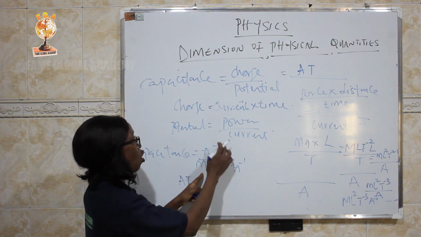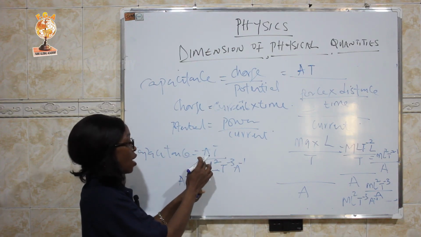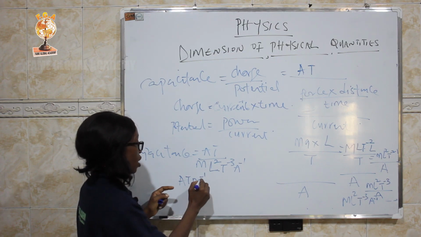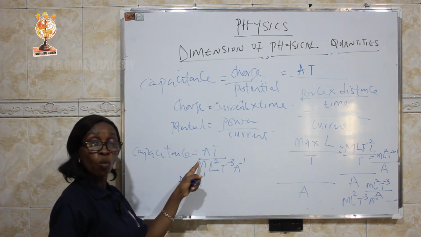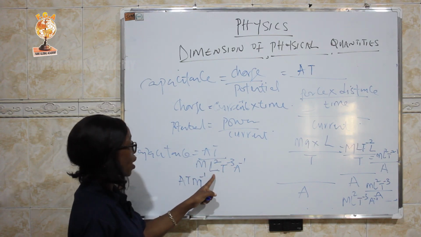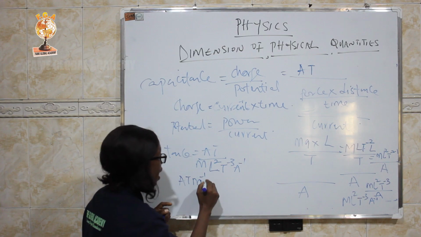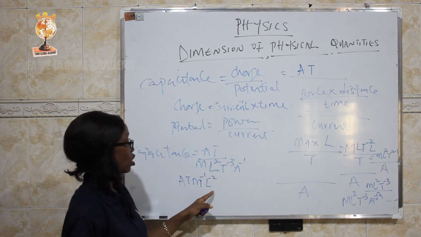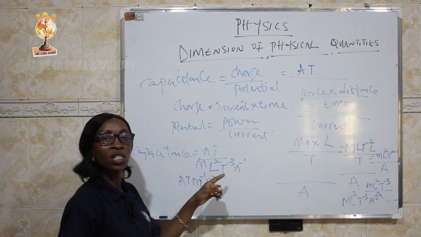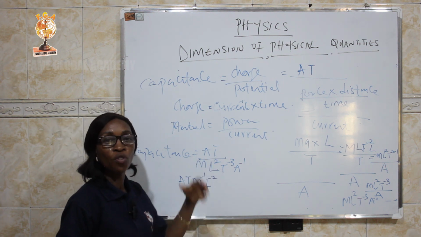Now M is going up. Remember M is 1. So when it's going up, it becomes minus 1, because it was positive 1. L squared now is going up, it becomes L minus 2. Somebody will ask you a question, how come I'm not putting 1, as I was saying before, when the number is 2, 3, 4.